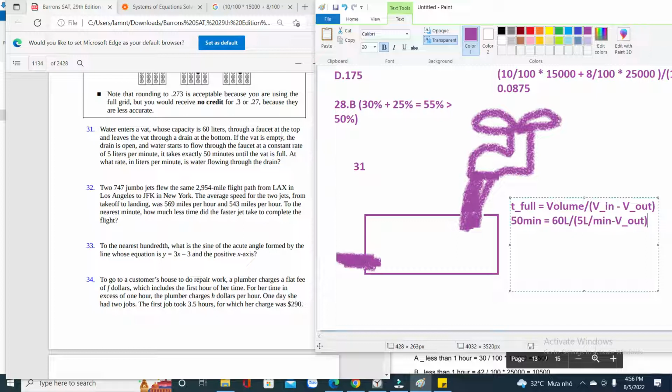That's not too hard. So 5 liters per min minus V out is just 60 liters over 50 minutes, which means 5 liters per min minus V out equals 1.2 liters per min.